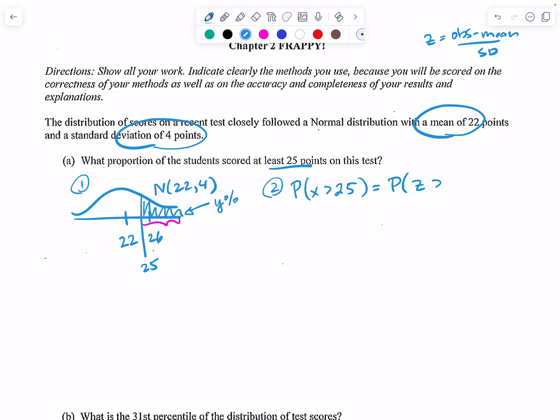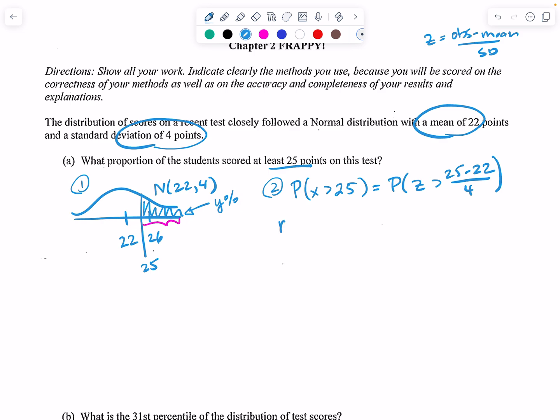So my observed value is 25 minus 22 divided by 4. And if you want to go ahead and solve that to 0.75, you can, but that's not necessary unless you're going to actually be using your chart.